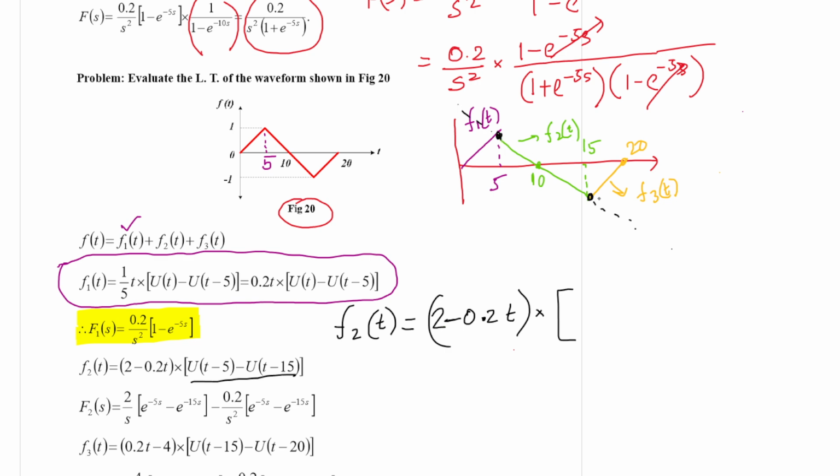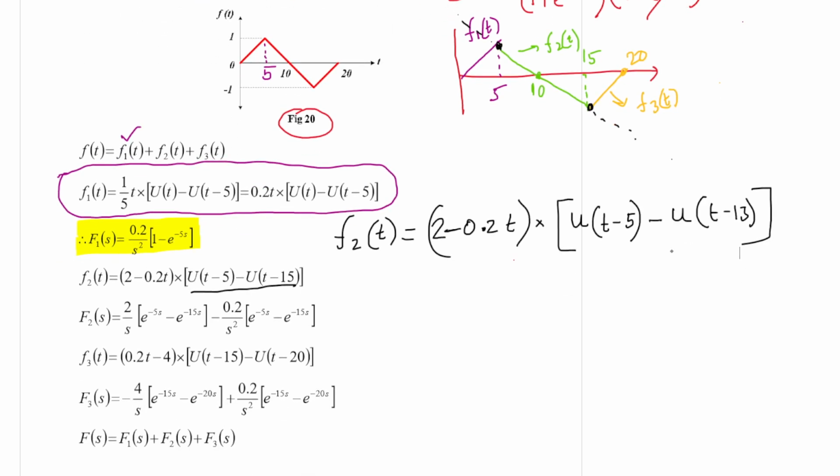Otherwise it will violate both the limits. Okay, so to understand this second part of the waveform running from 5 to 15 seconds, you must multiply this with the appropriate gate function, which is u(t minus 5) minus u(t minus 15).